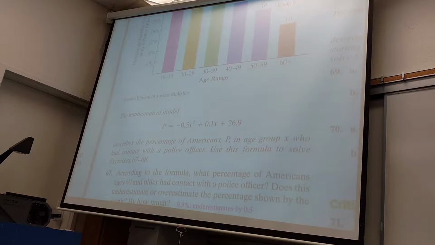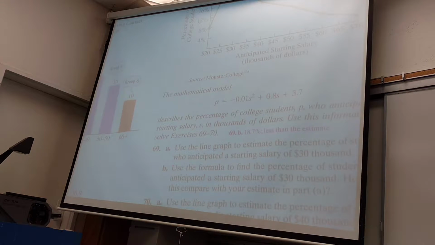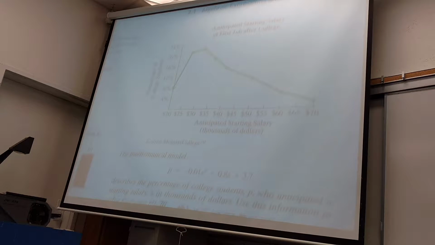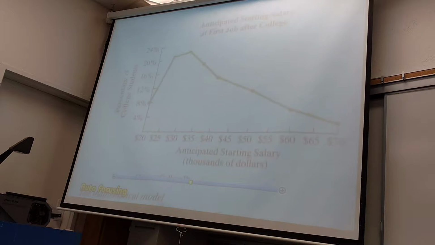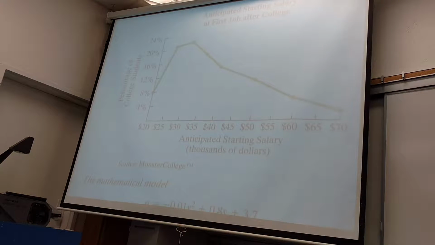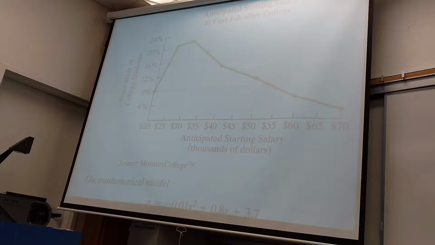Okay, cool. Now looking at number 70. I'll get there eventually. This one says, use the line graph to estimate the percentage of students who anticipate a starting salary of $40,000 in this economy.